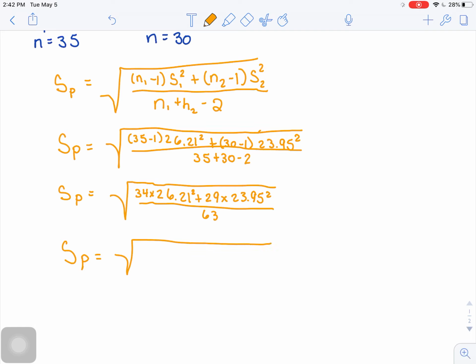Next up, I'm going to actually use the exponents. So don't forget, you have to do your exponents first. You're going to do 26.21 squared first, and then multiply that by 34.